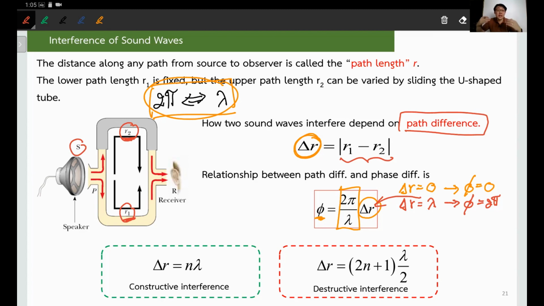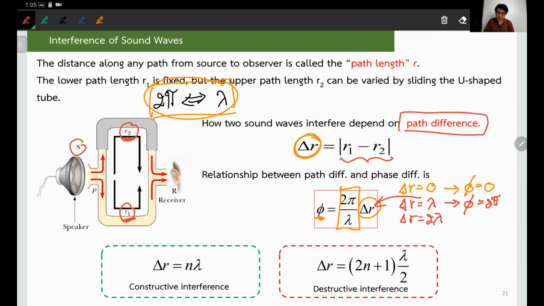But from the point of view of the observer, the two waves will look exactly the same again. You guys with me, yeah? So good. Let's keep going.